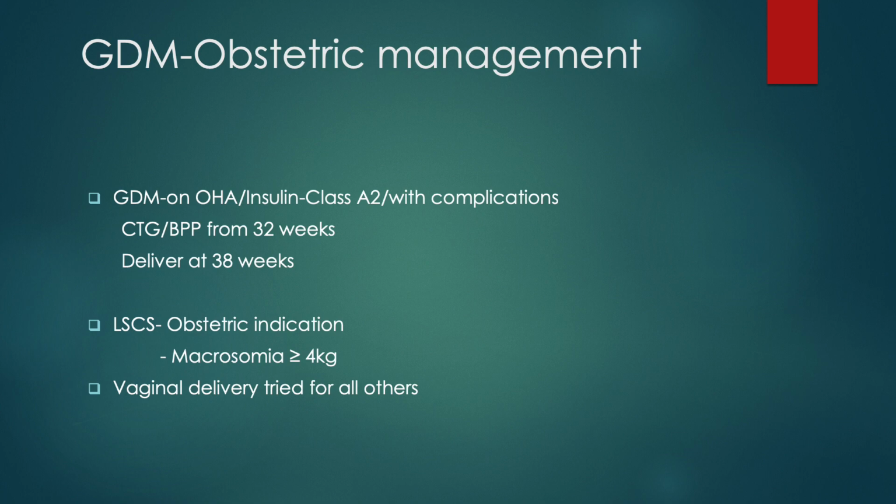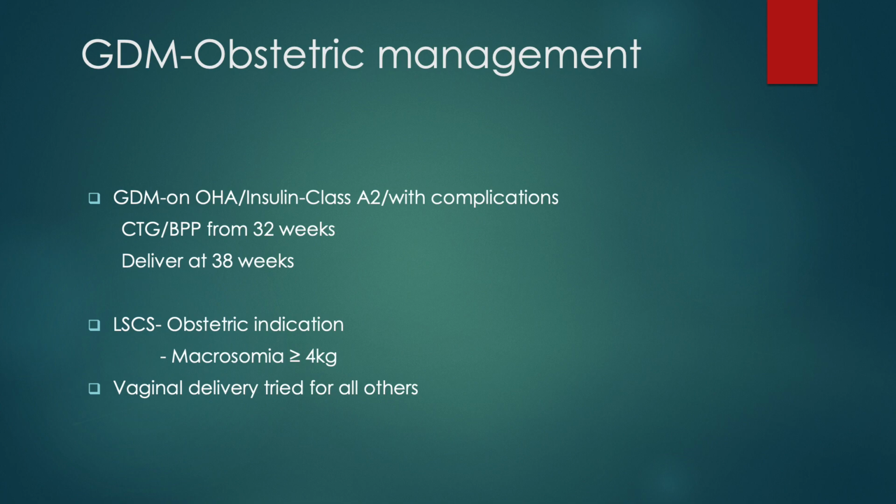So they need, in addition to the other management, fetal well-being tests, which should be started from 32 weeks onwards, and it is done by a twice weekly NST and a weekly biophysical profile starting from 32 weeks onwards, and these patients should be delivered at 38 weeks.